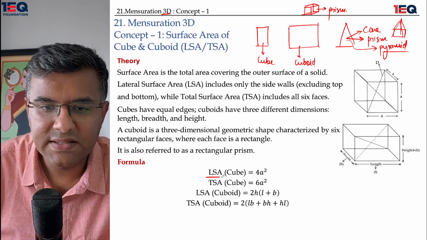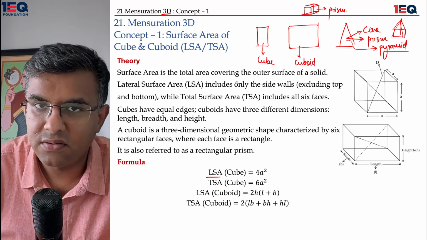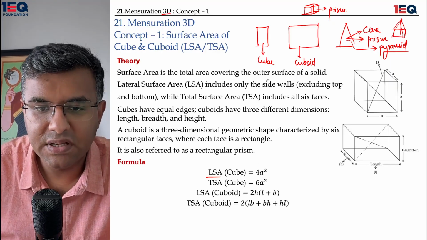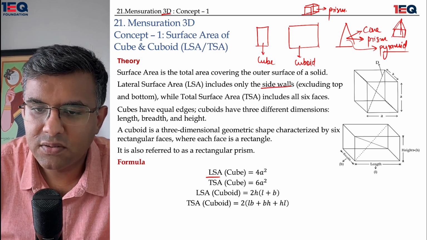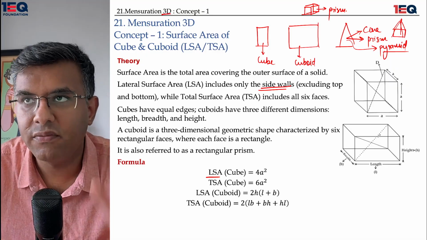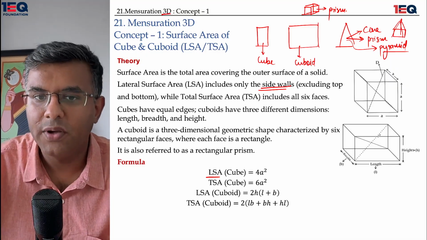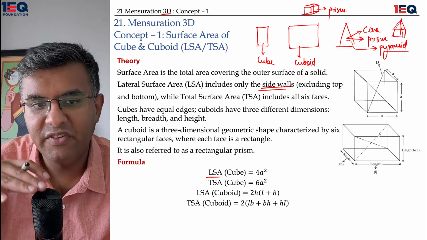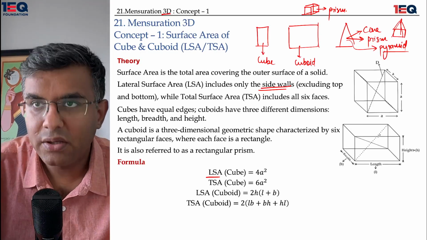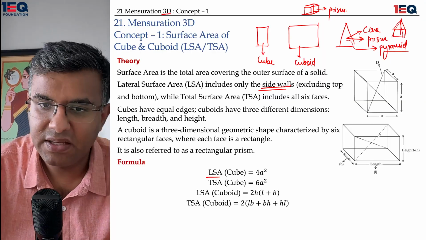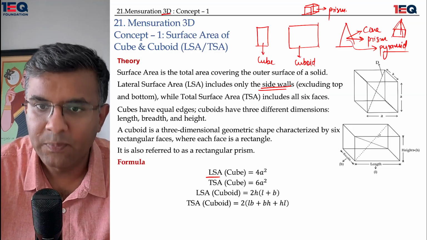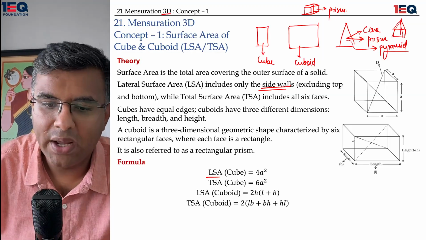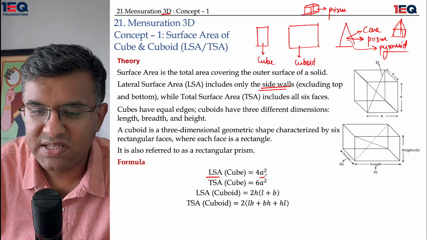Talking about the LSA, which is called the lateral surface area. The lateral surface area is nothing but the area of the four walls. Okay, the area of the four walls of a room. We can consider it to be a room. Firstly, we'll be talking about a cube. In a cube, each and every side or face has an equal area, and only one quantity is defined, which is a.